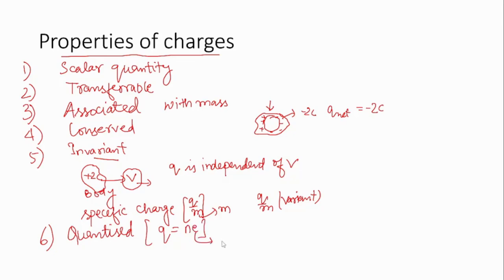Electronic charge is the smallest charge. Any charge, all charges, will be an integral multiple of electronic charge, which is basically 1.6 into 10 power minus 19. So these are the properties in comparison of mass and charge.